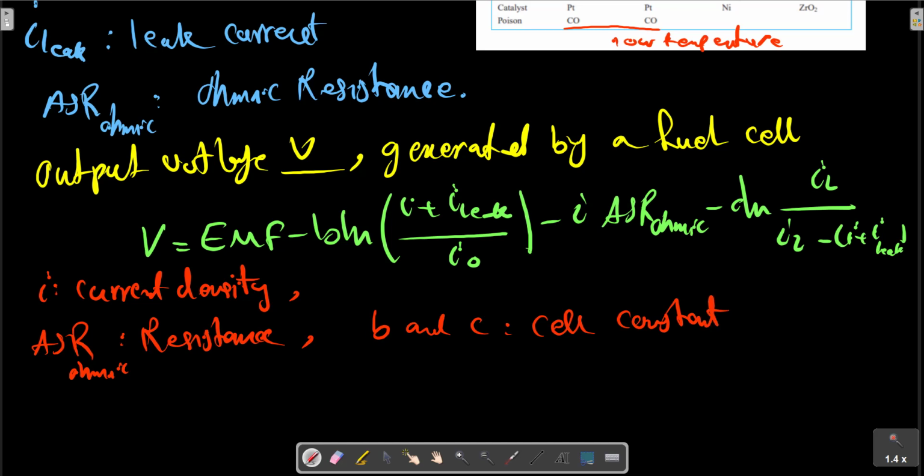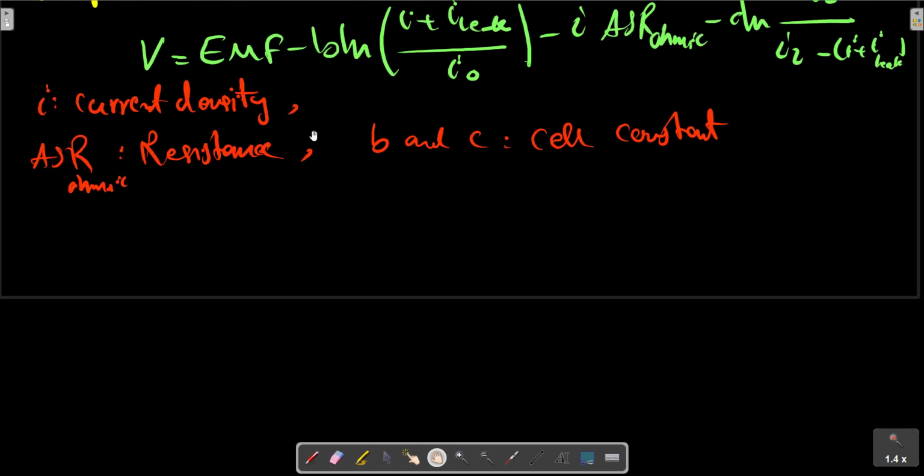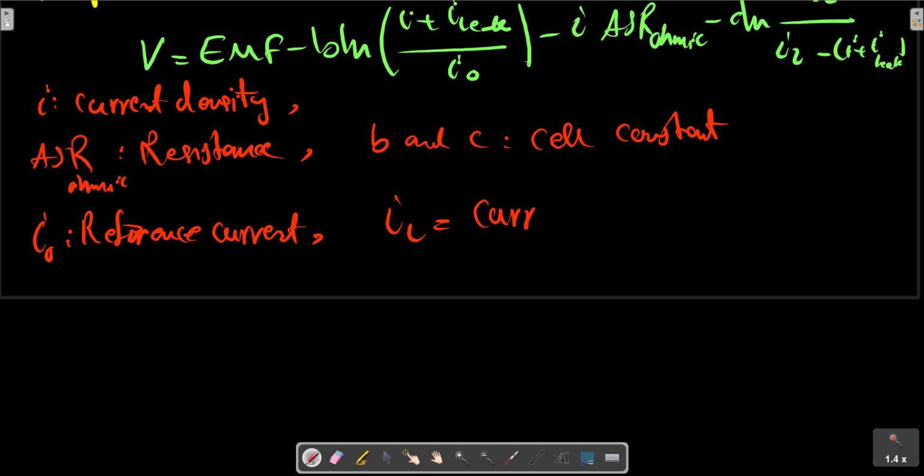The current density I0 is the reference, and IL is the current limit.